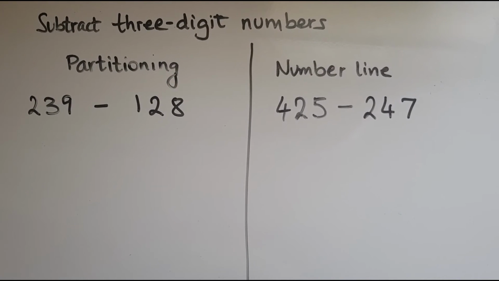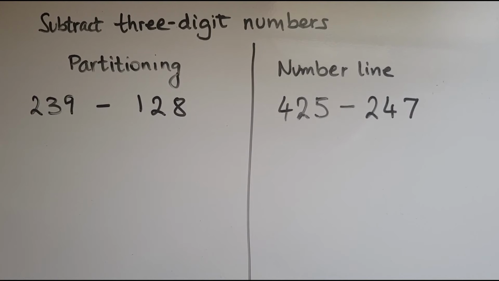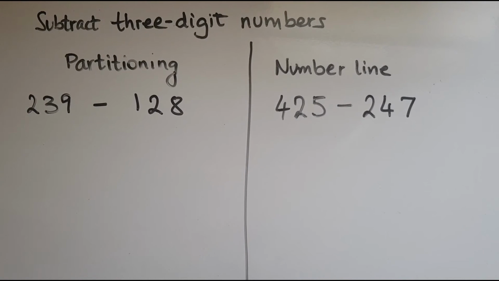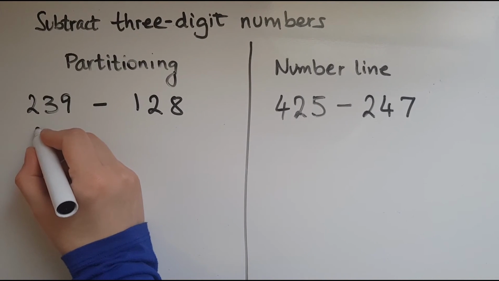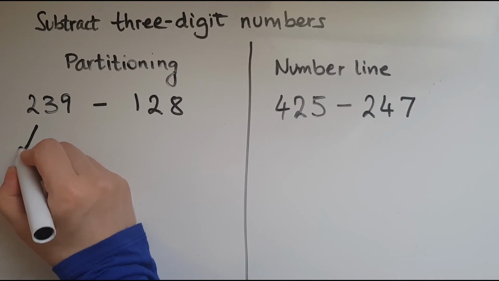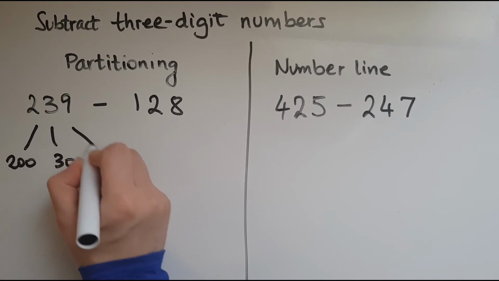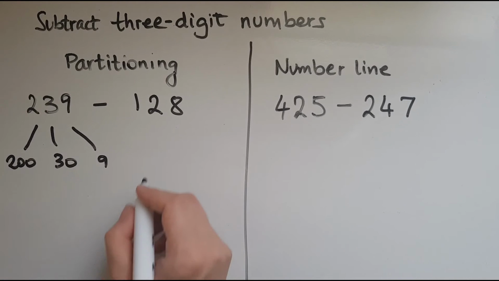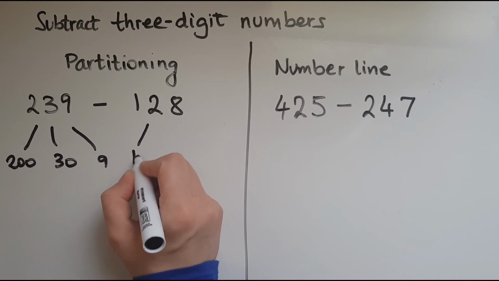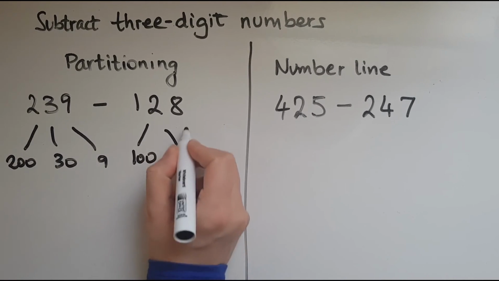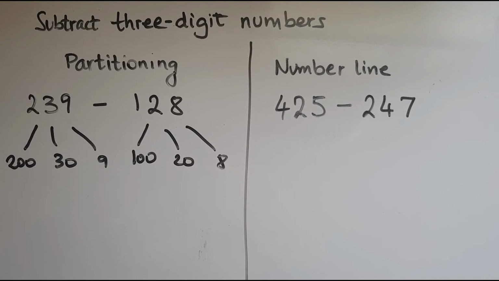Now we'll subtract 3-digit numbers using 2 other methods, the partitioning method and the number line method. Partitioning means breaking down the number into parts. So I'm going to break down 239 into 230 and 9, and 128 will be broken down into 120 and 8.